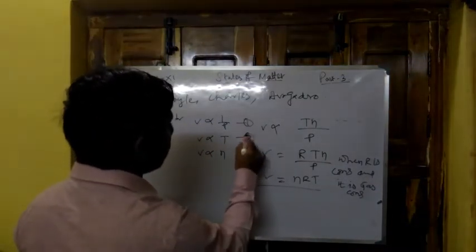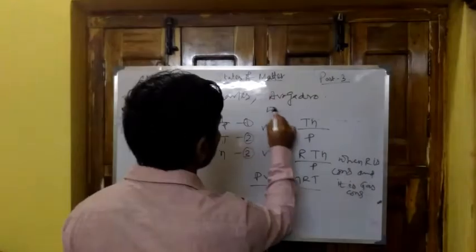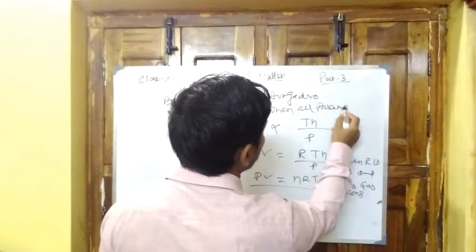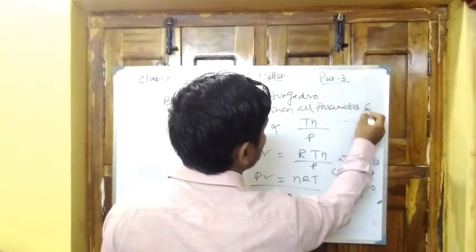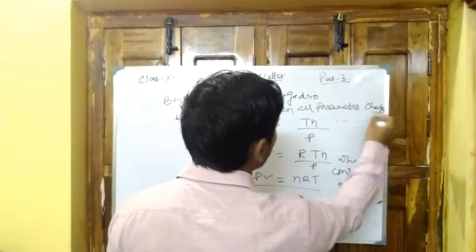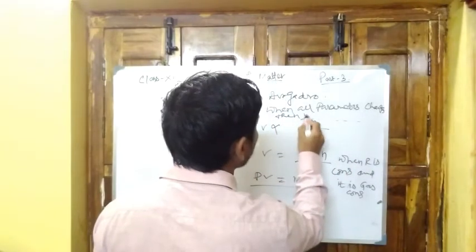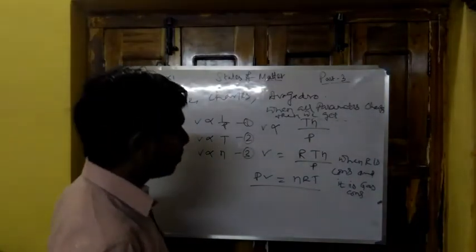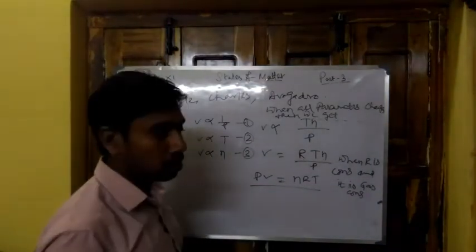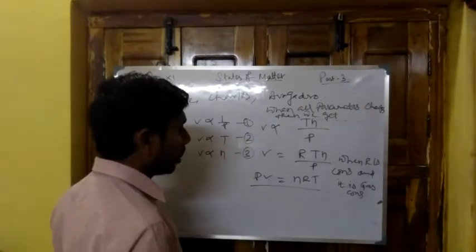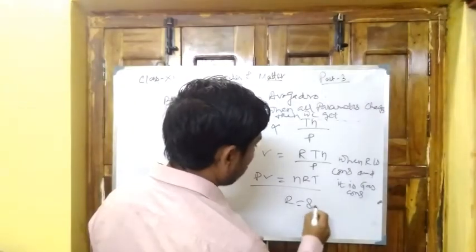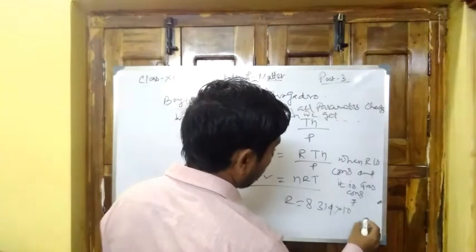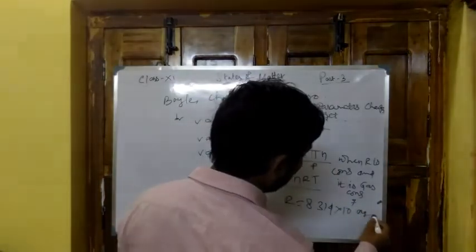This is from equations 1, 2 and 3. When all parameters change, we get V varies as nT by P, then R is the arbitrarily chosen gas constant, and the value of R is equal to 8.314 into 10 to the power 7 erg.